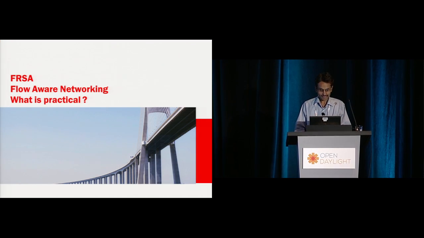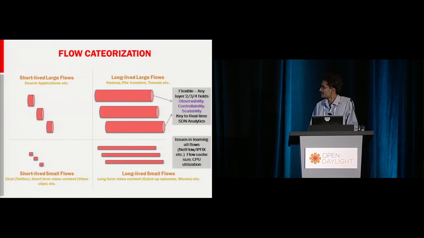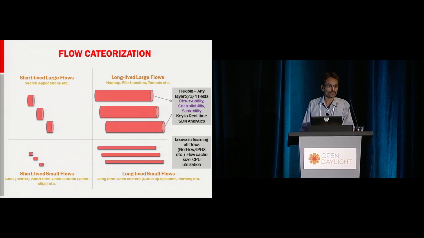First, everyone must be quite familiar with this, but it gives a nice overview of the different types of flows in the network today. On the left side, you have the short-lived flows.